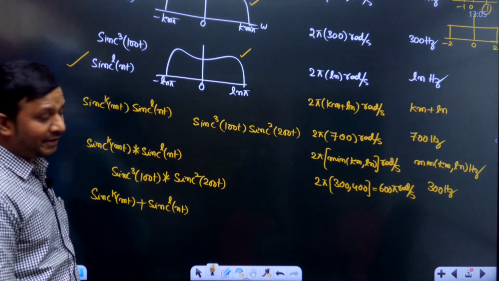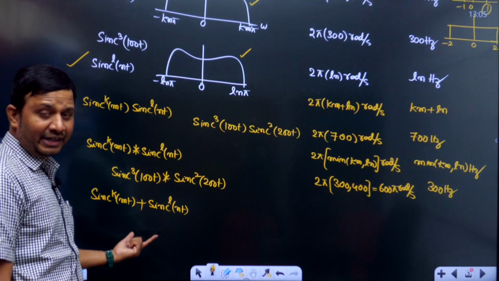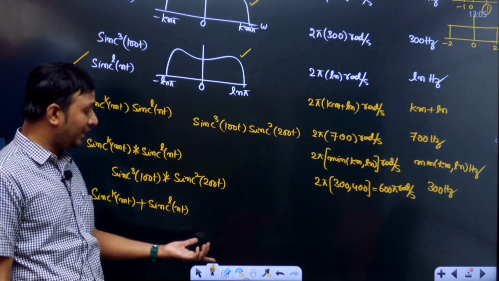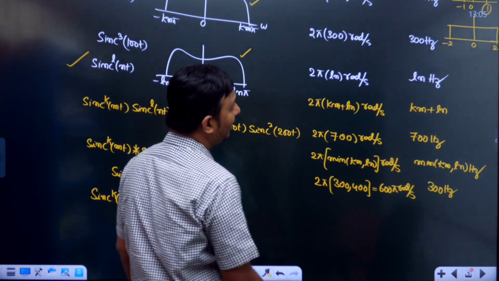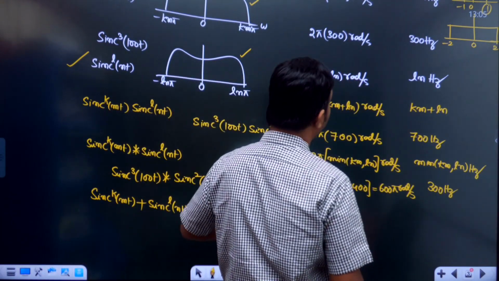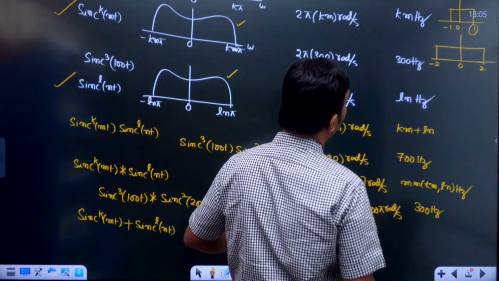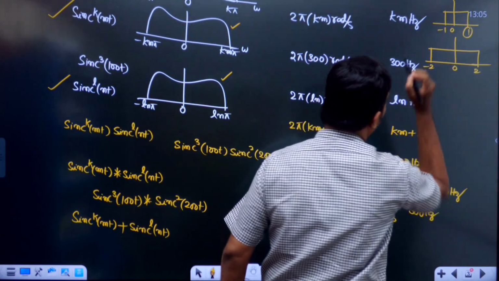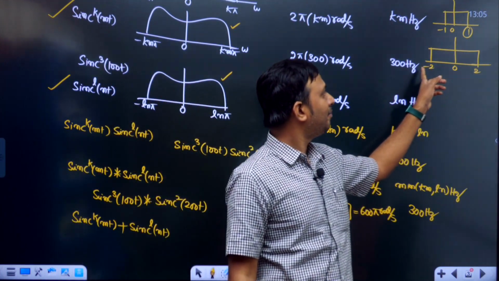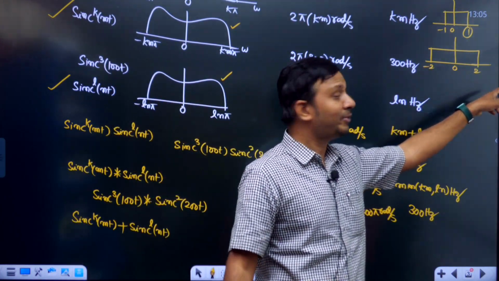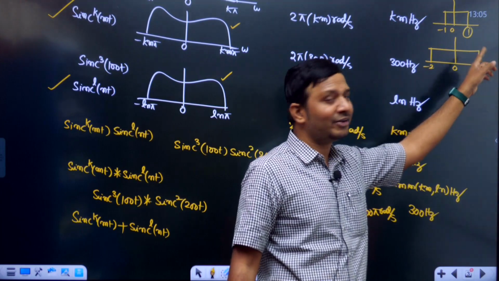Addition in time domain means addition in the frequency domain also. So addition means here it will go to a maximum value. If you observe here, if I have these two signals and add them, the resulting signal will go from -2 to 2, up to the maximum value.